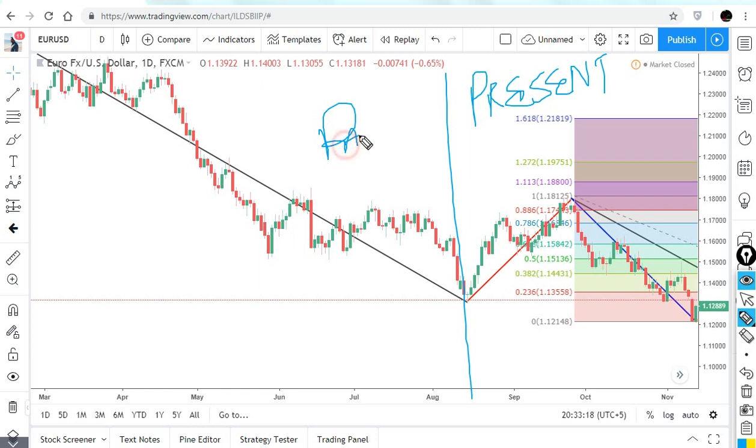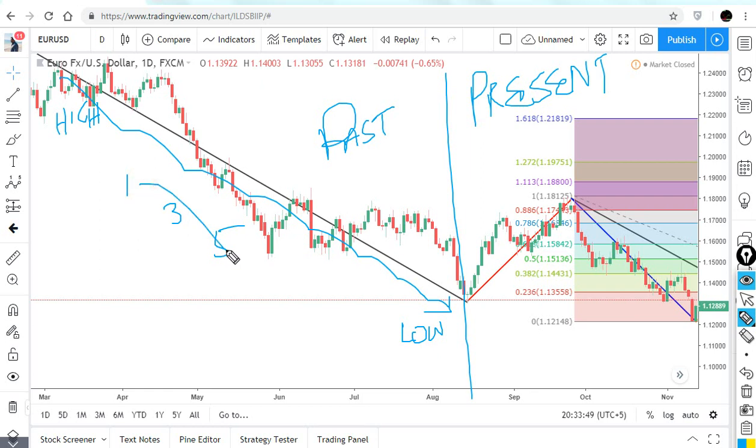So in the past I simply trace a trend line here to judge the market's high and low. This is my low point, this is my high point. Now I'm not getting into what this is. Is this 1? No. Is this 3? No. Is this 5? Who cares? I don't care about this. I don't need it. I just need to understand what it is in the present.